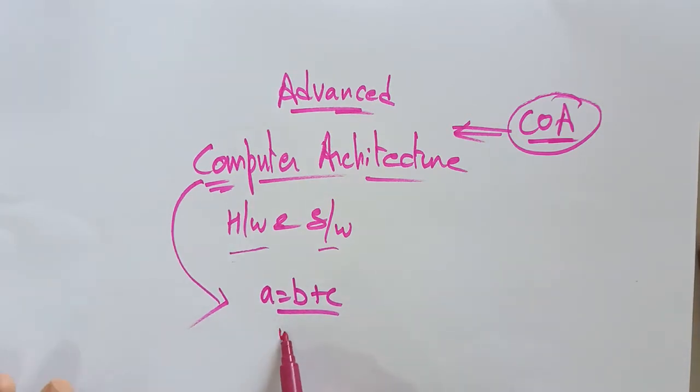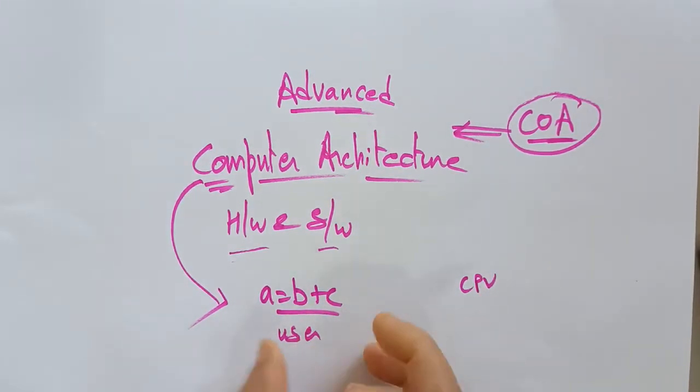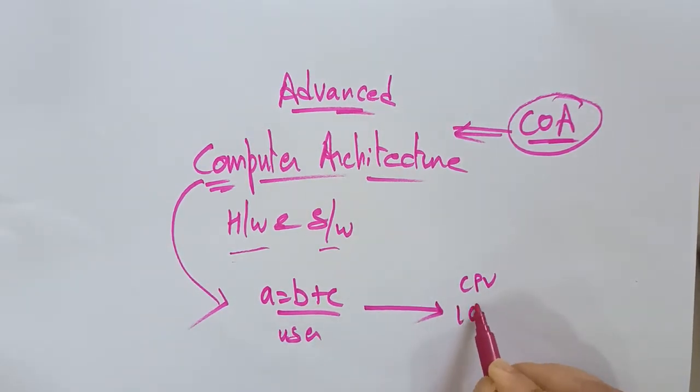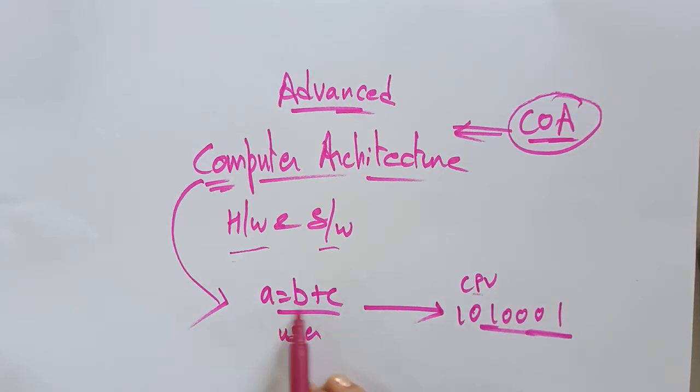So this is a user understandable language, but the hardware parts and the CPU cannot understand this statement. So this statement is converted into binary language, that is, in the form of ones and zeros. If this statement is converted into ones and zeros, then my CPU can understand it.